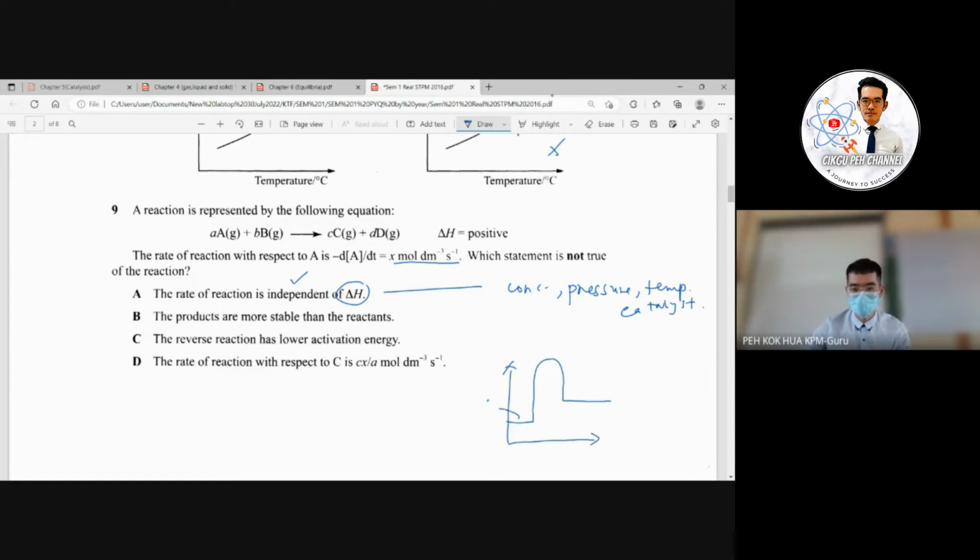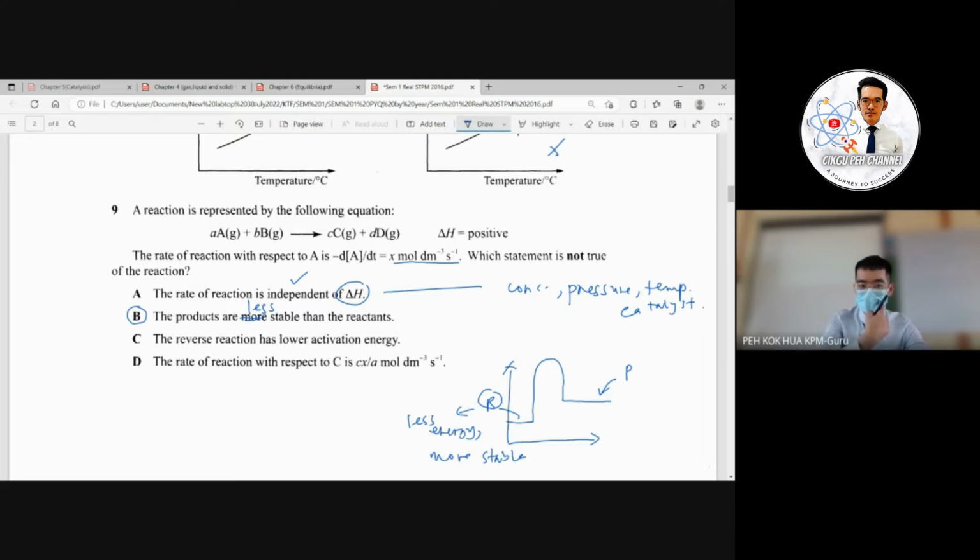The reactants have lower energy, and the product will have higher energy. So that means the reactants, which have less energy, are more stable. So the answer here is wrong already. It should be less stable. So the answer is B.